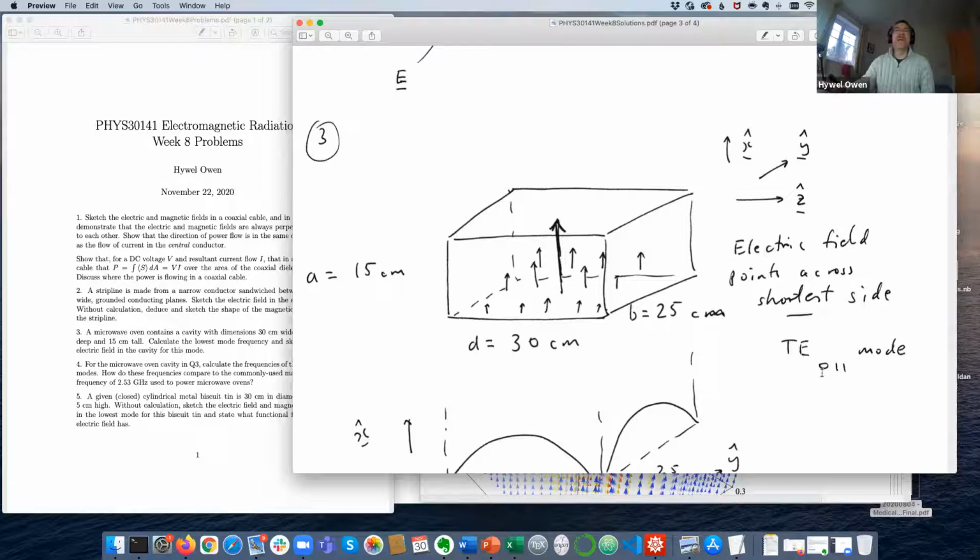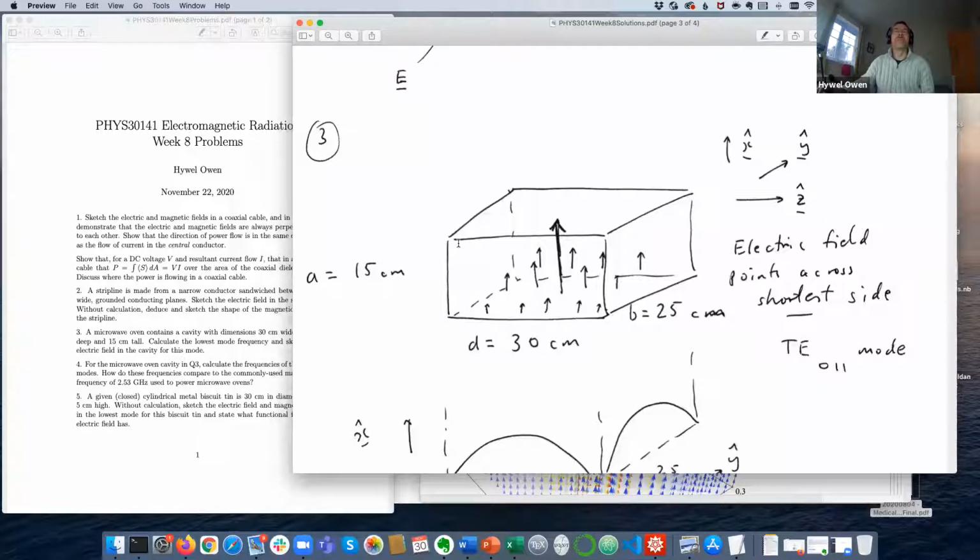Let's look at the D direction first. That's the last one. That says there's a half sine wave along the D direction. The second number says that mode number is 1, which says there's a half sine wave along the B direction. And the final number is 0, and that says there's no half sine wave at all in the A direction.